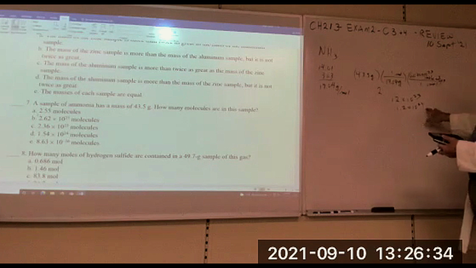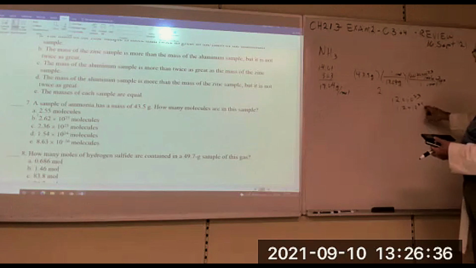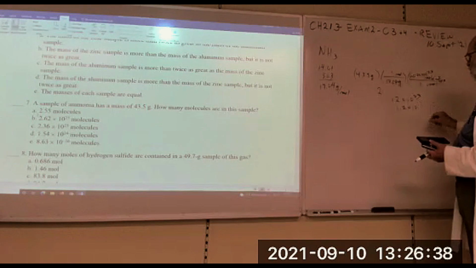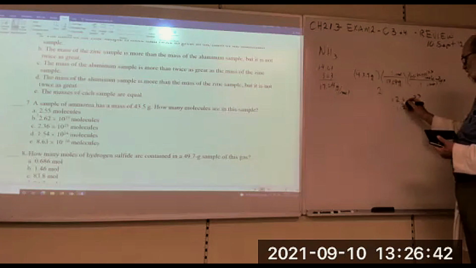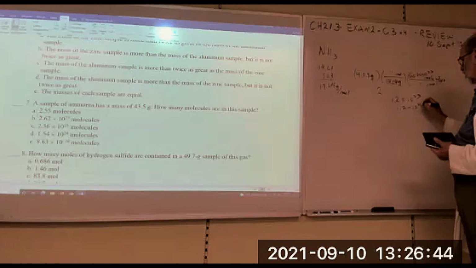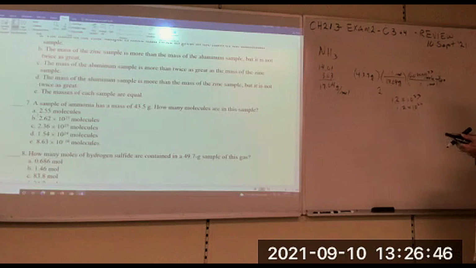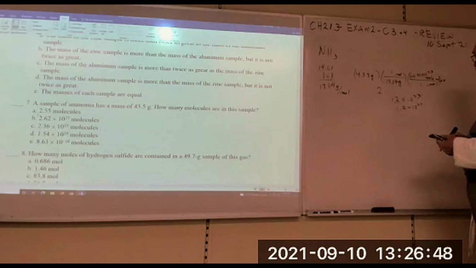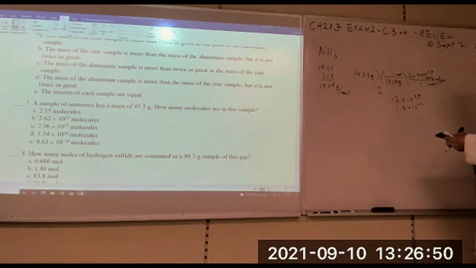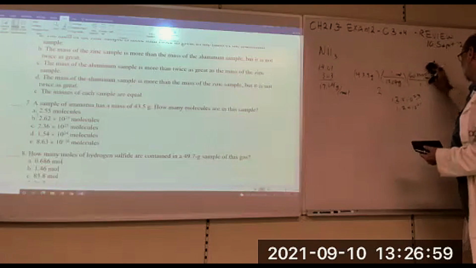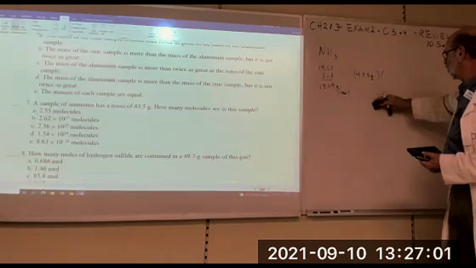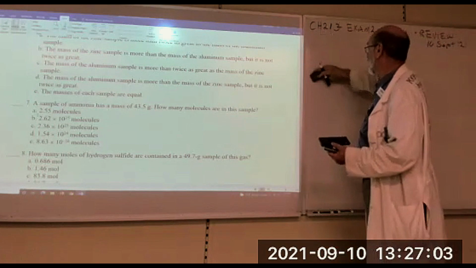No, D can't be the answer. I went the wrong direction. That should be 24, right? Because I moved the decimal this way, now it's 24. So D should be the answer. Yeah, 1.54. So sometimes you can get yourself in trouble with estimation as fast as you can with a calculator.